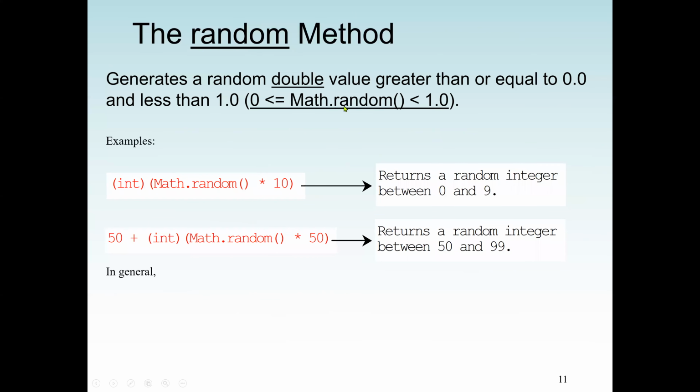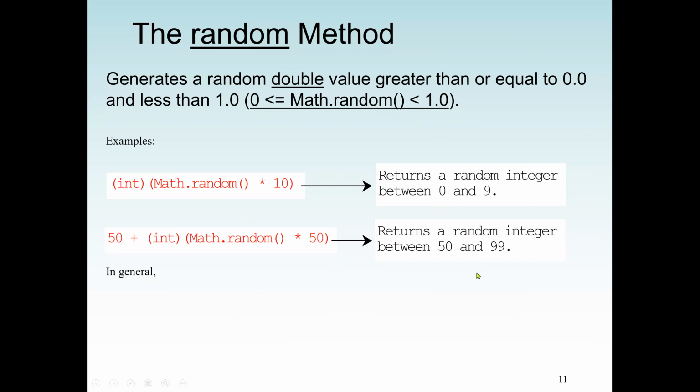So if I call Math.random, this will give me values from 0 to less than 1. If I want a whole number from 0 to 9, I multiply by 10 and convert it to int, since the value will be in decimal. So this will give us 0 to 9.